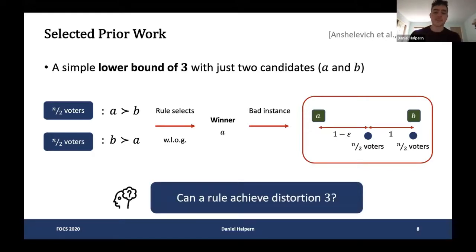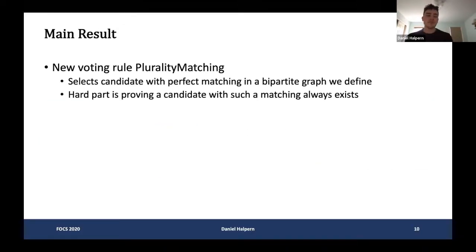So then a natural follow-up question is, can a rule always achieve distortion 3? The main result of our paper is introducing this new rule. We call it plurality matching. I don't have time to go into the full details of how it works here. You'll have to check out the longer talk for that.